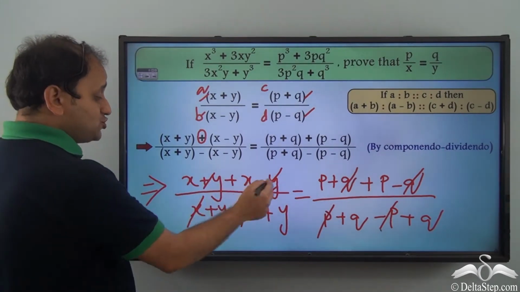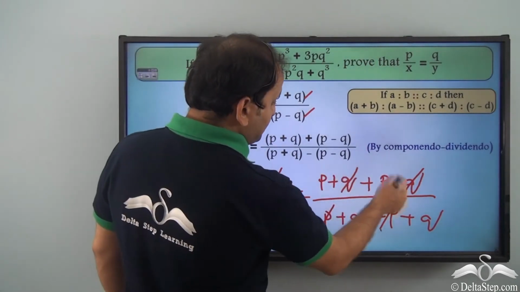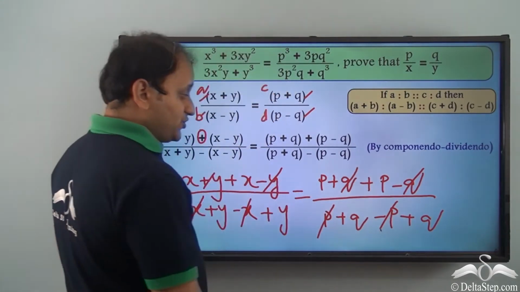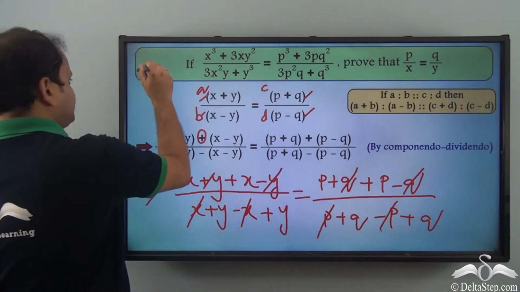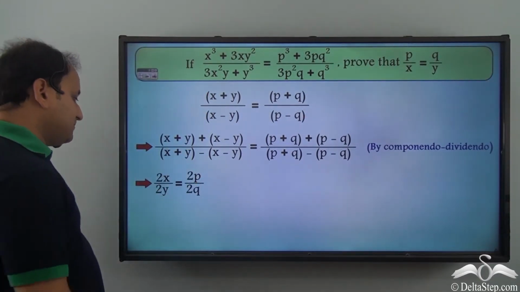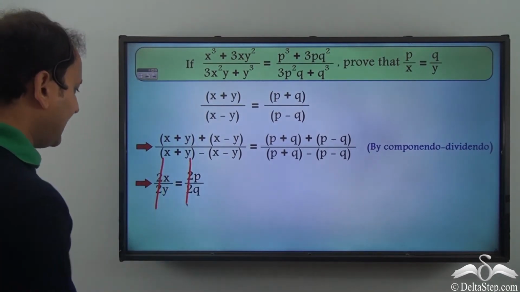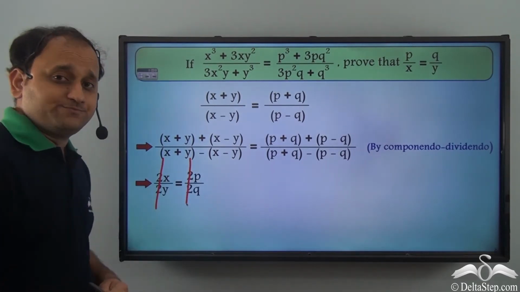So we have 2x by 2y on the LHS, and we have p plus p, 2p, by q plus q, 2q. So 2p by 2q on the RHS. So we can simply cancel out the 2's from both the sides. So what do we get? x by y is equal to p by q.